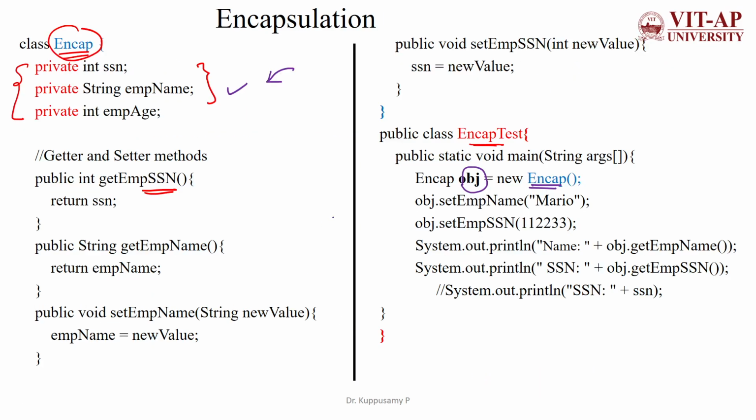For example, here the data members, that is variables, are declared as private, and at the same time the member methods are defined using the public access specifier to access these variable values through the object variables.